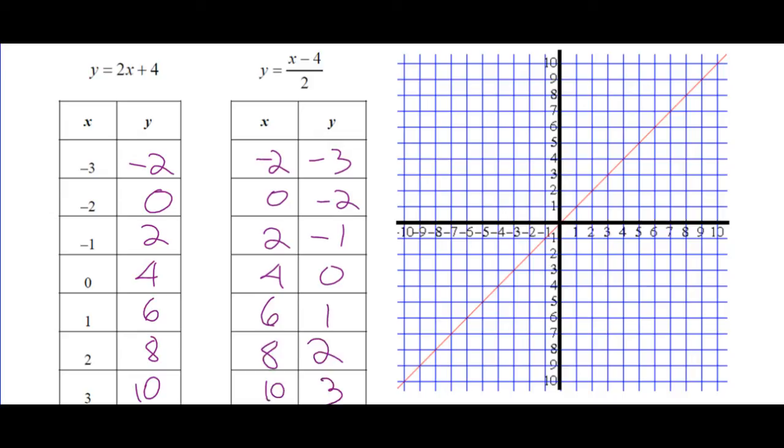You can graph the original in red: negative 3, negative 2; negative 2, 0; negative 1, 2; 0, 4; 1, 6; 2, 8; 3, 10. And we'll do the inverse in green.